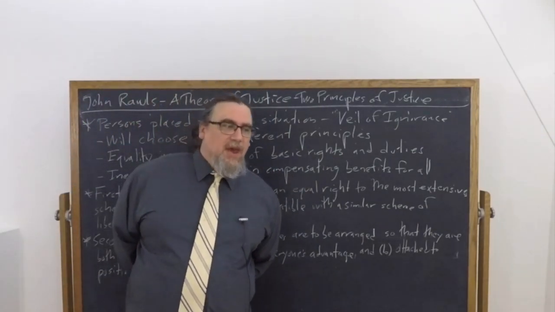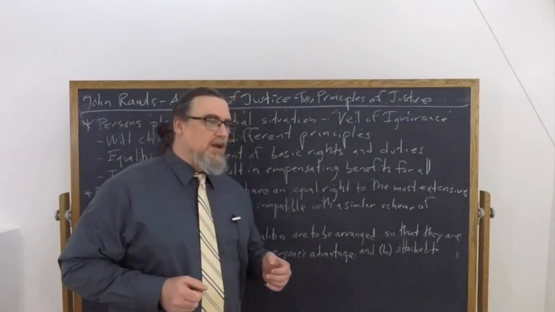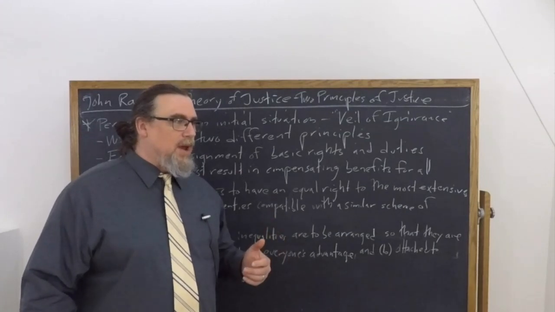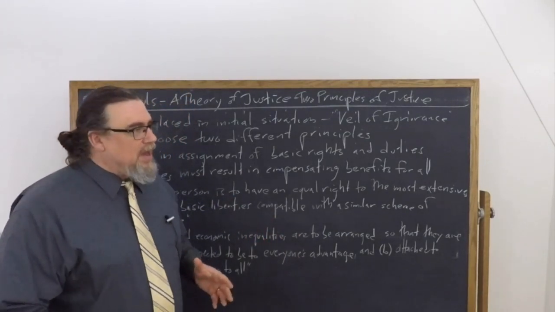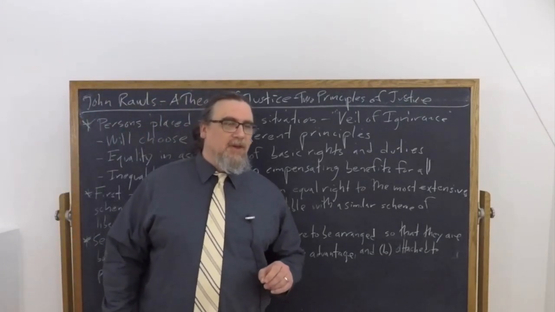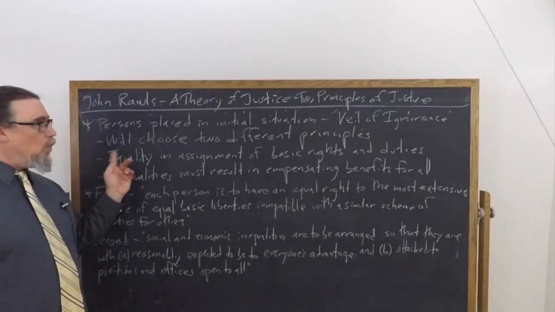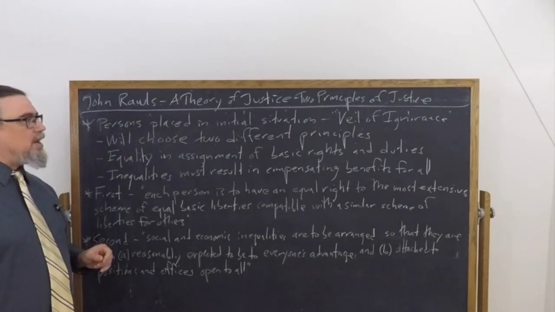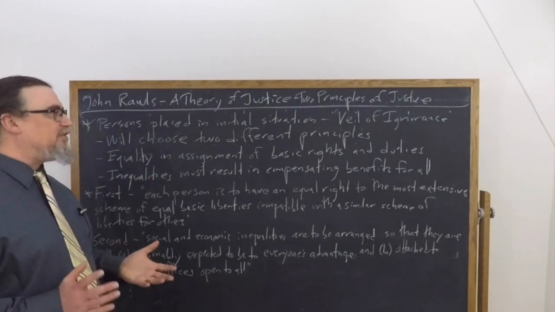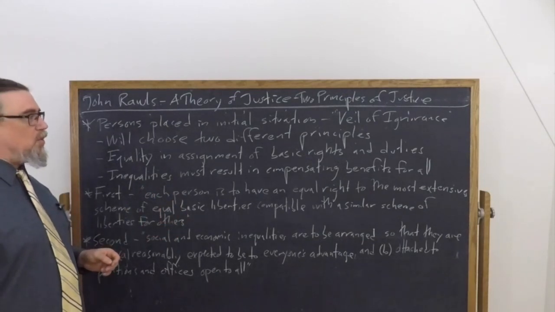And Rawls thinks that if we carry out this reasoning process in that way, we're going to arrive inevitably at two really fundamental basic principles, which then he articulates. One is, as he's going to call it early on, equality in assignment of basic rights and duties, and he'll flesh that out a little bit more.